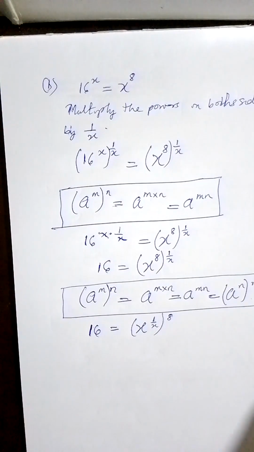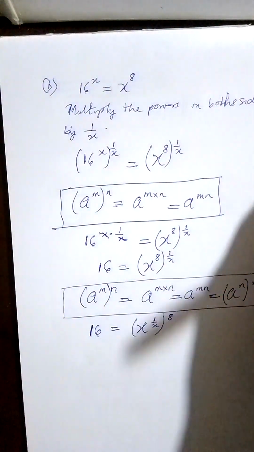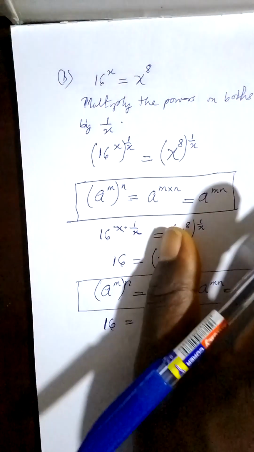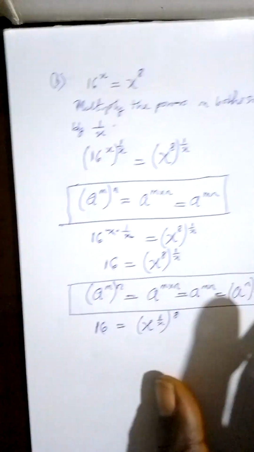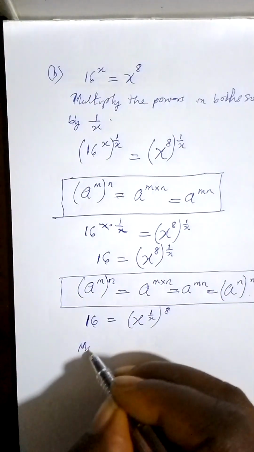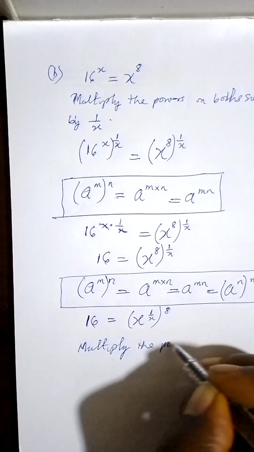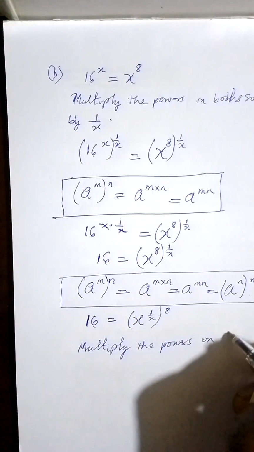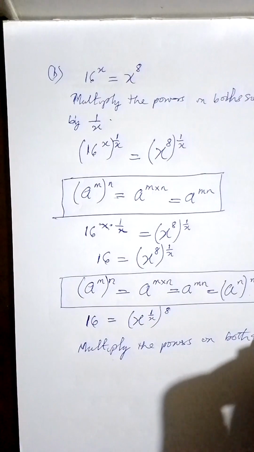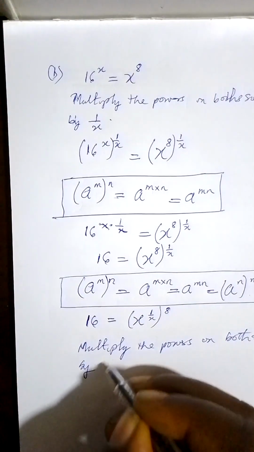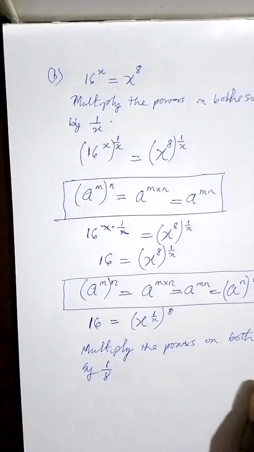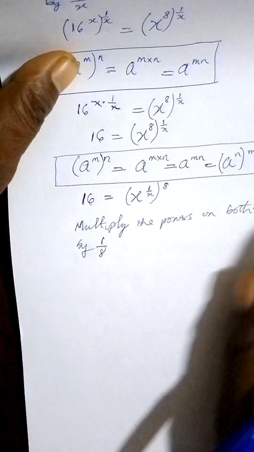Okay, so from here now, to eliminate this 8, we multiply the powers on both sides by 1 over 8.